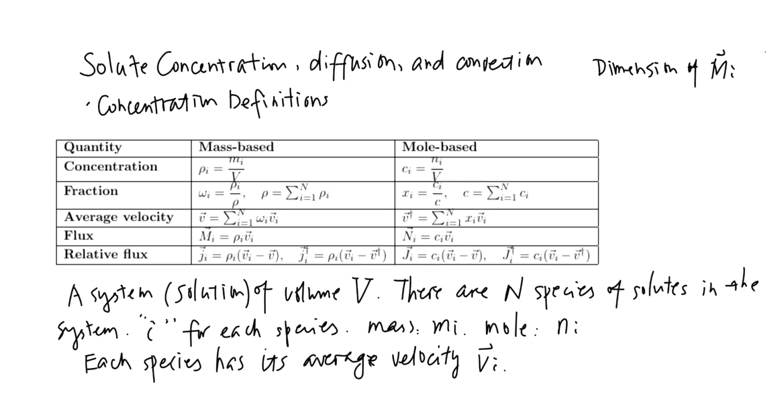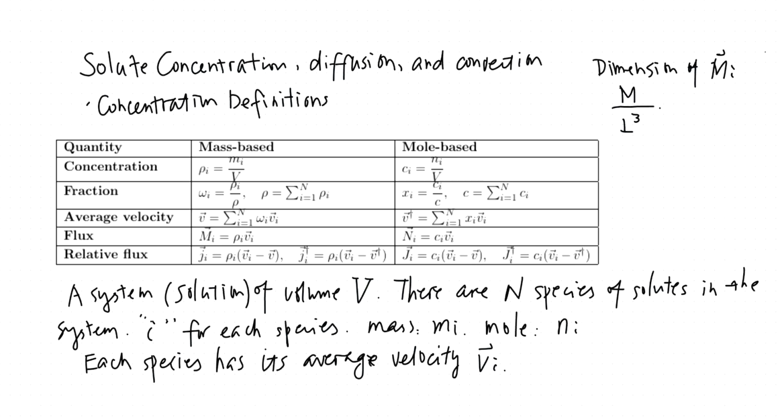So Mi is mass density multiplied by velocity. The mass density is defined by mass divided by volume. Volume is length cubed. And multiplied by velocity.